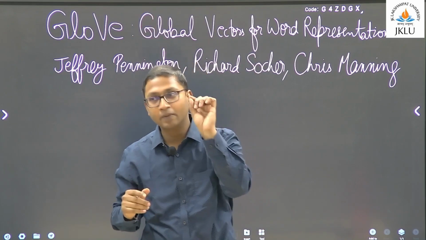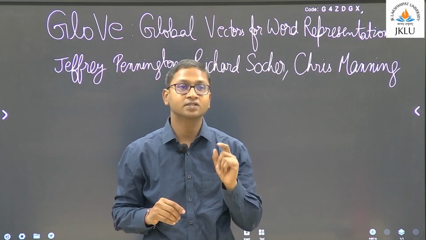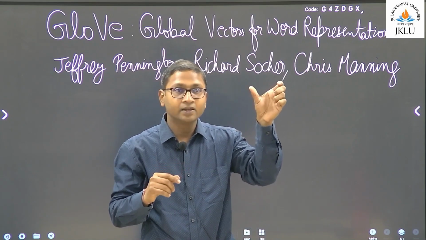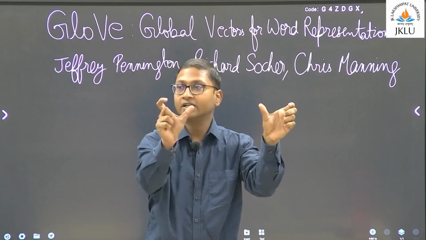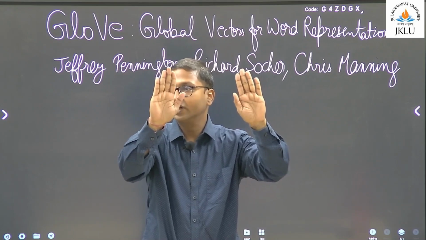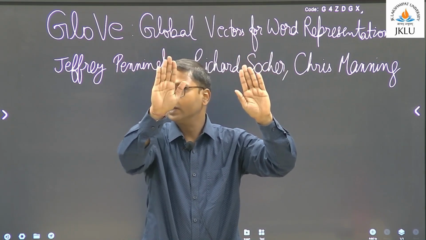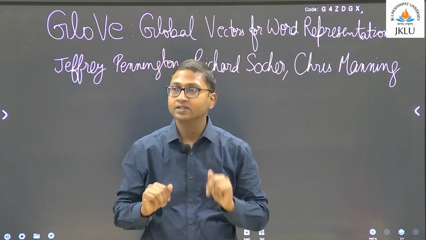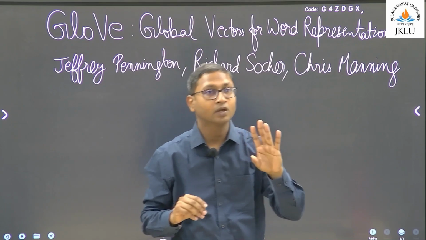So one example was a pair. So what are you training? You are training the system to learn that this particular word comes in the context of the center word. This is my context word, this is my center word. We are trying to figure out what the context words are when this particular word is the center word. This is our training that we are doing.